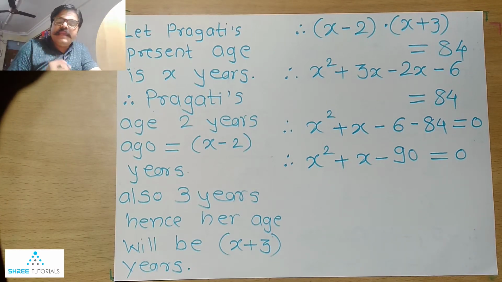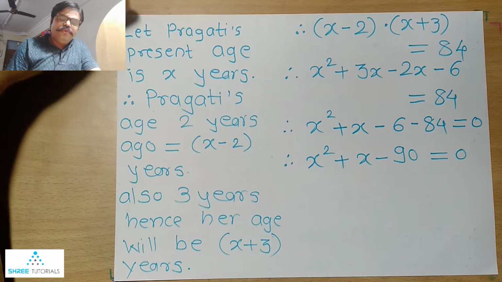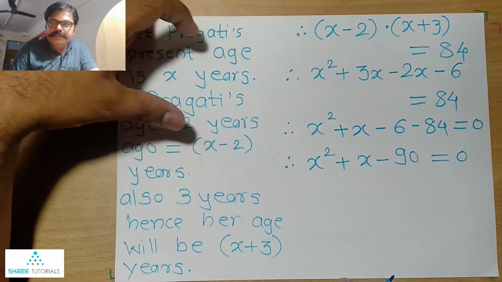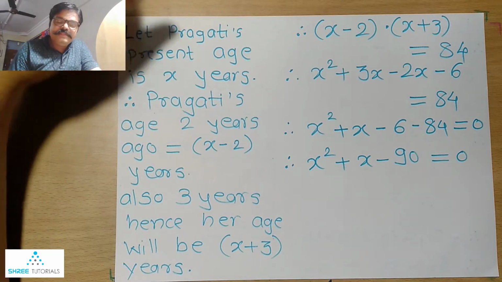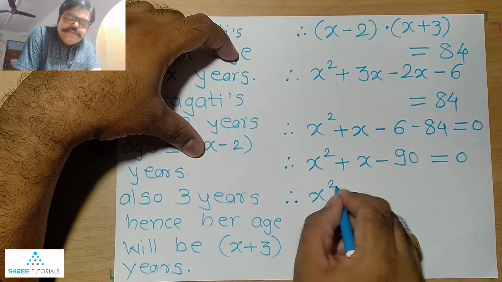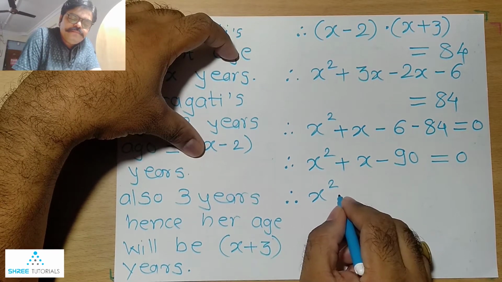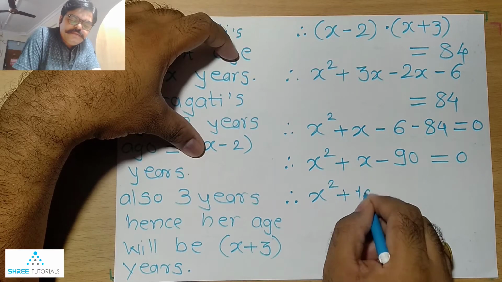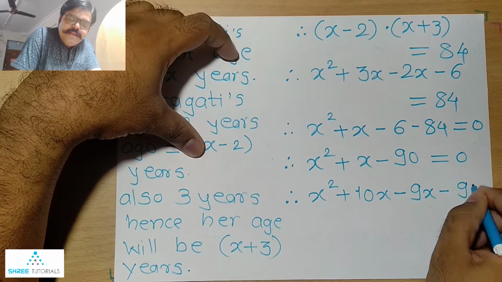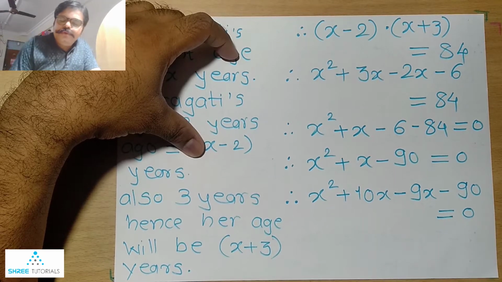Easily this equation can be solved by using the factorization method. Regarding the factorization method, 10 and 9 are going to be the roots for the same, and therefore x square plus 10x minus 9x minus 90 should be equal to 0.